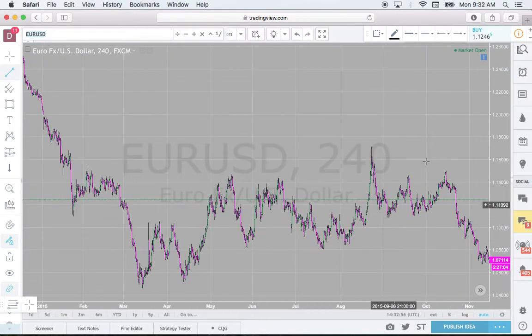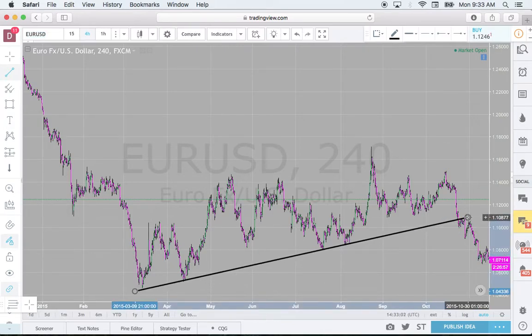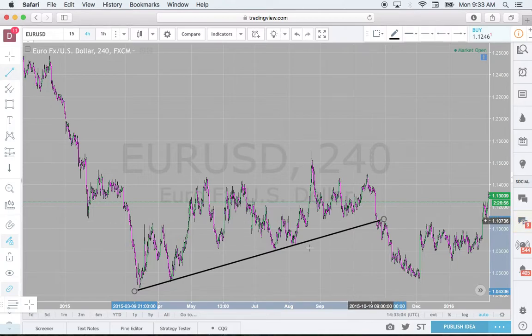So let's choose right here. This is a great example of an uptrend that broke its trend line right here, the support, whatever you want to call it.